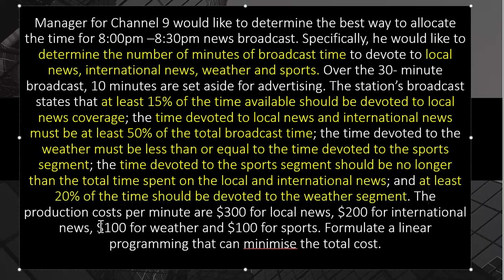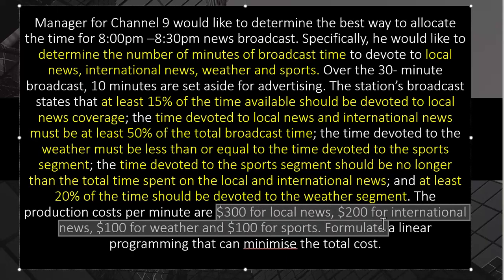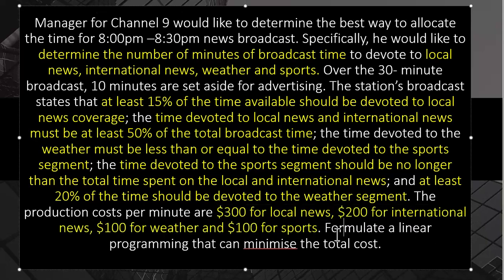And then it says that production costs per minute are $300 for local news, $200 for international, $100 for weather, and $100 for sports. So we are dealing with the minutes unit and then formulate a linear program that can minimize the total cost.